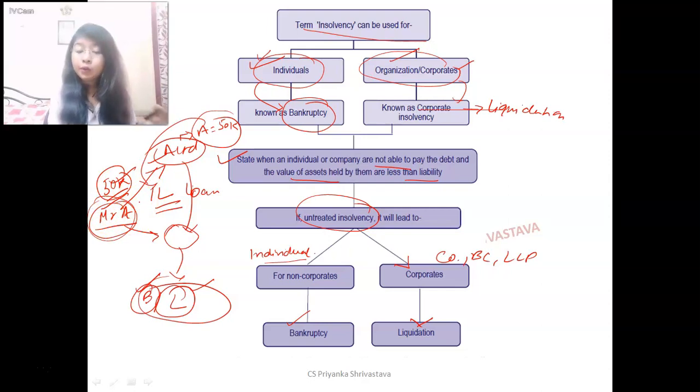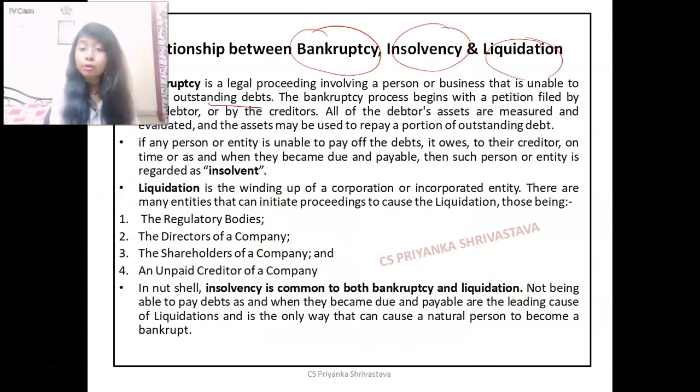Now A Limited will become bankrupt, and all the liabilities of A Limited will end with this bankruptcy, and it may also lead to the winding up of that company.